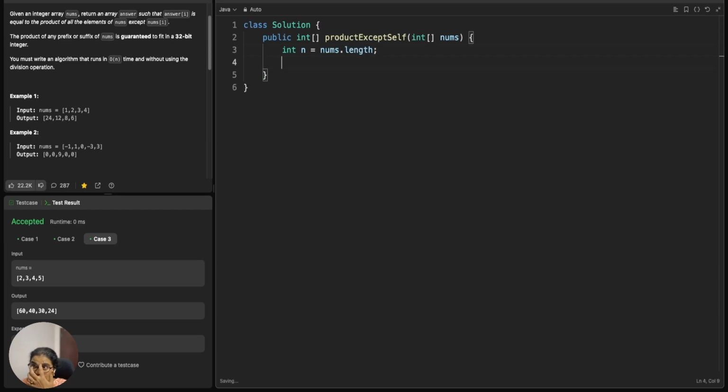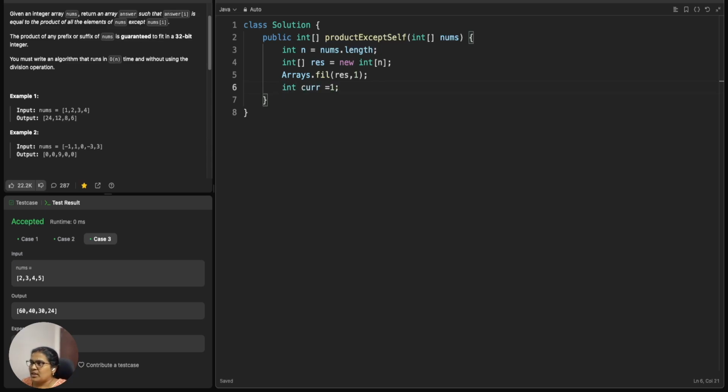Size is guaranteed to be at least 2, so we don't have to do any size checks. So let's initialize a result array which carries our answer. Now, initially, let's fill this result array with 1, so that when you do a product, it will be fine.